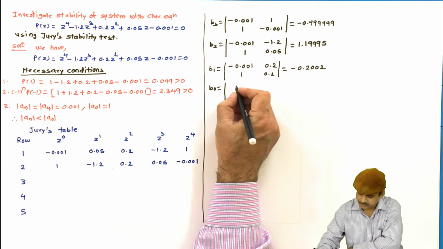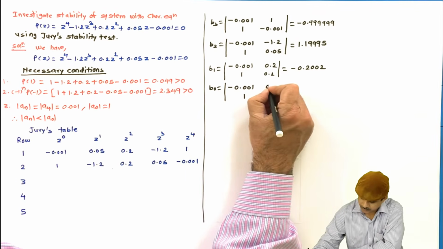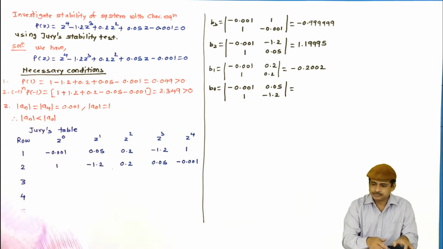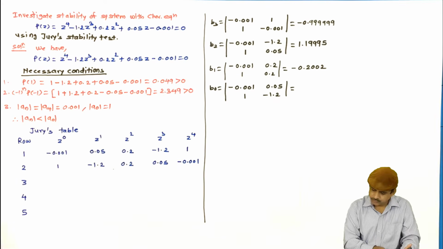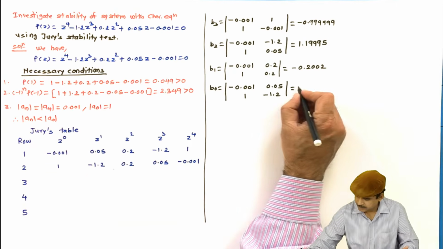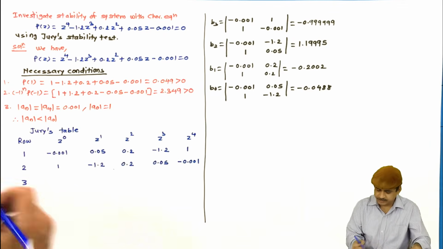For B0 this pair, that is minus 0.001, 0.05, minus 1.2, and it is equal to minus 0.001 into minus 1.2 minus 0.05. So it is coming minus 0.0488. Let us enter these numbers here.